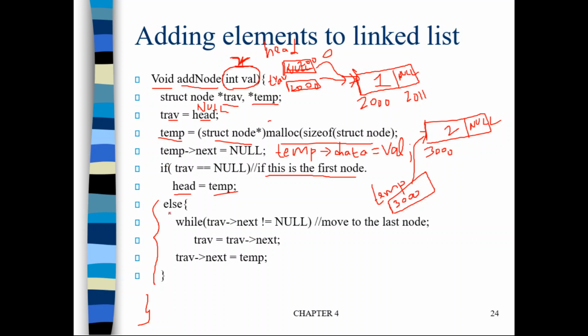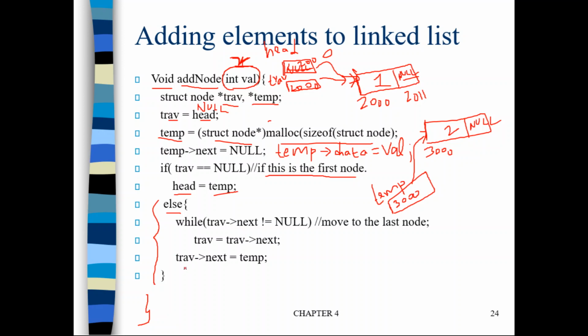What does the else part say? While traverse arrow next not equal to null, traverse is equal to traverse arrow next. But traverse is pointing to the first node. Is the first node's next null or not? Yes, it is null. So this loop part will not execute. It will just come out.